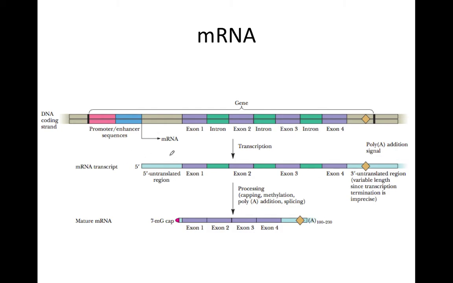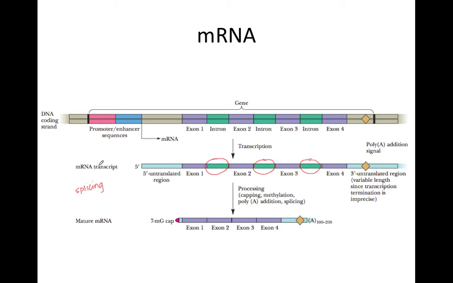So here you have your mRNA transcript and we're going to process it. One of the ways with which we process it is by splicing. What splicing does is that it removes these introns, so that you can have a continuous gene in the final mRNA transcript.